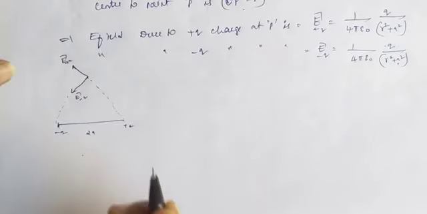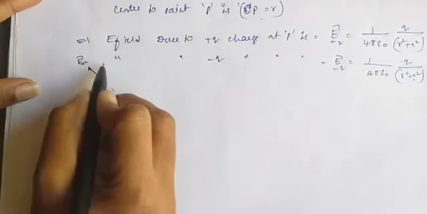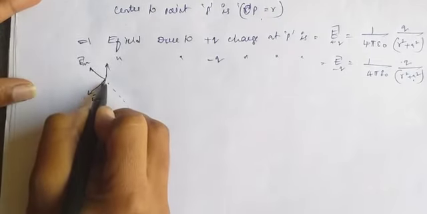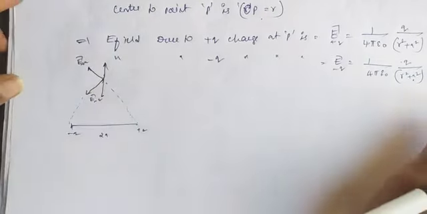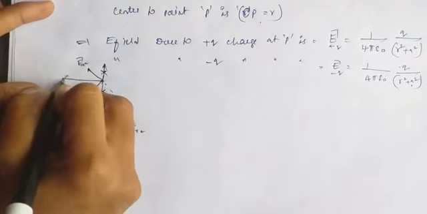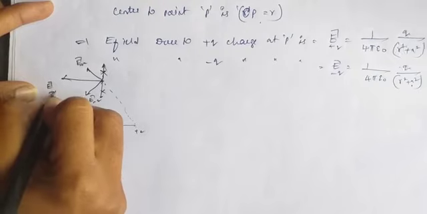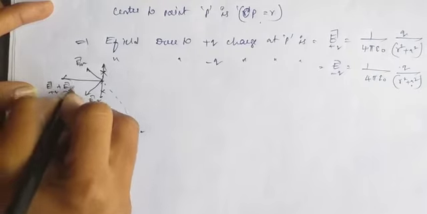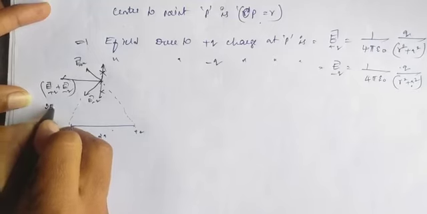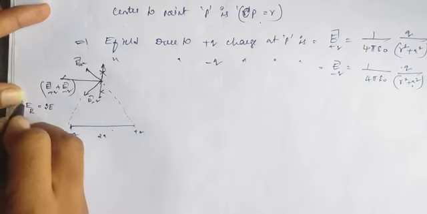Now these opposite components, the sin theta components, cancel each other. So these two are cancelled, and here we are getting the resultant electric field. That is E plus Q plus E minus Q, which equals 2E. So this is the E resultant.